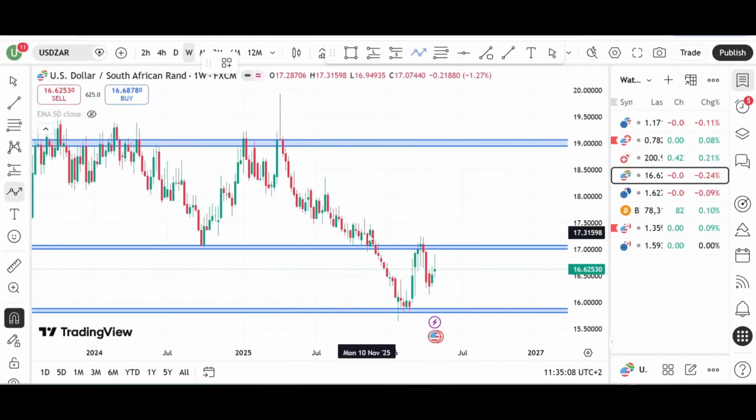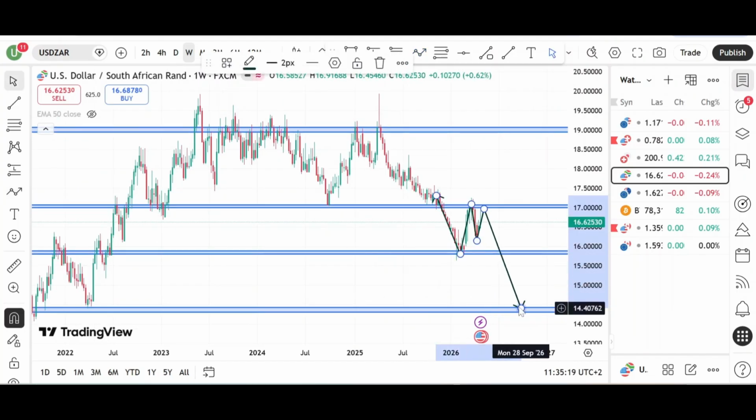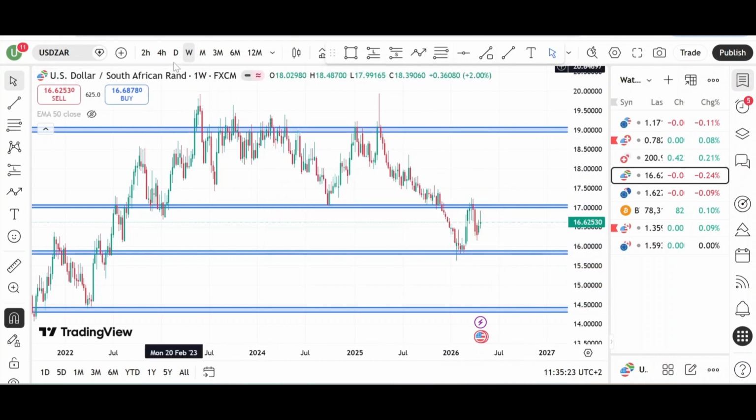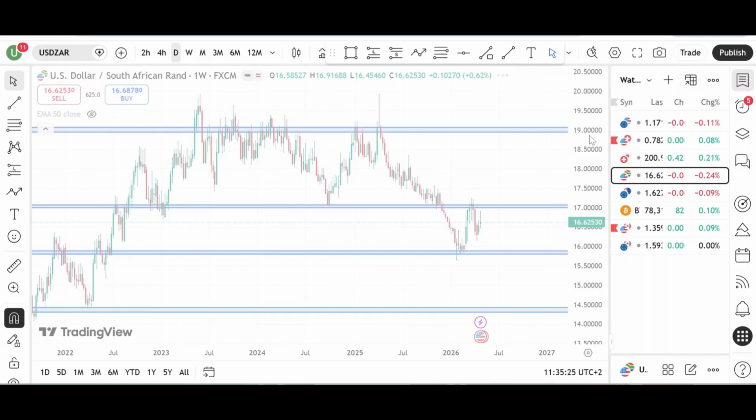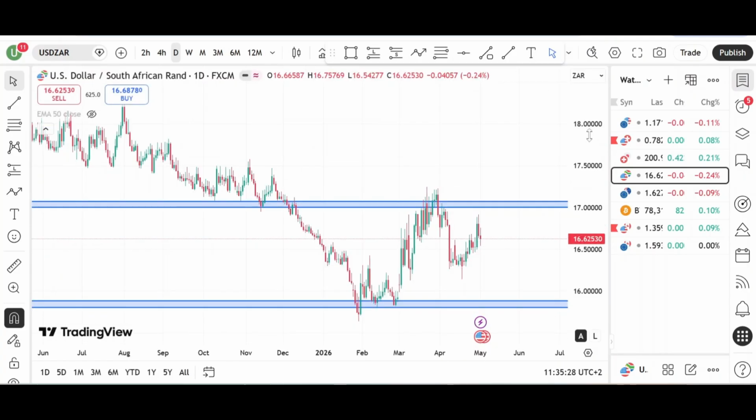You can see it's been lower low, lower high, and then equal high, and then you can expect the continuation. So how are we going to capitalize on these moves? Let's go to a daily time frame to see what is happening there.